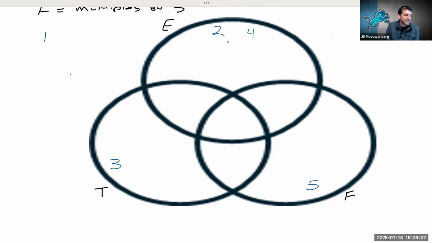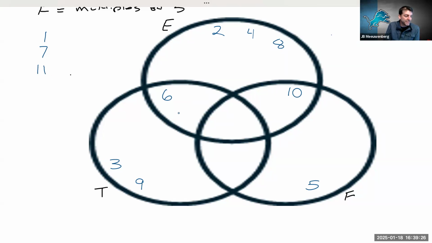Ooh, 6. 6 is a multiple of 2 and 3, so it belongs here. 7 is outside. 8 is an even number. 9 is a multiple of 3. 10 is a multiple of 5, and it's an even number. So we'll go here. 11 is outside.